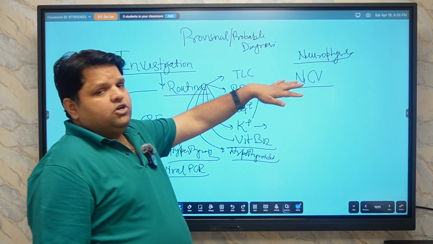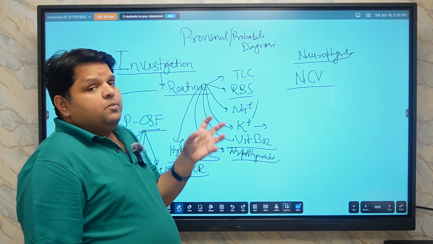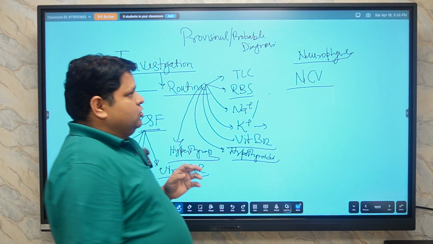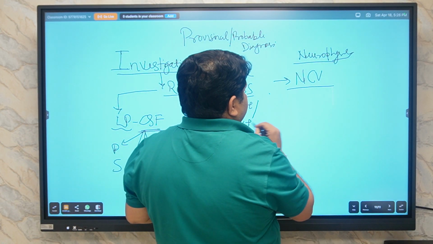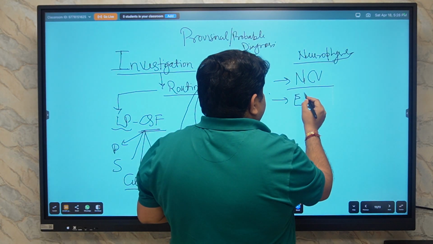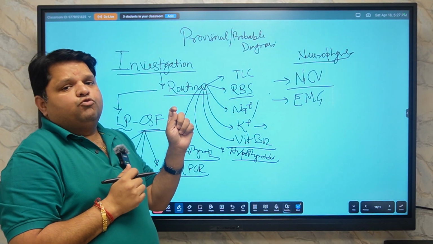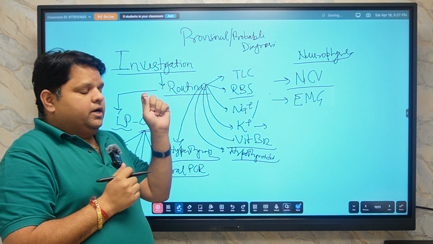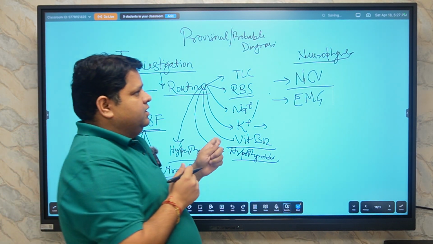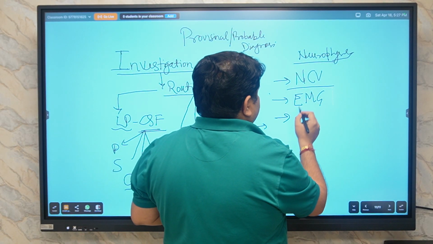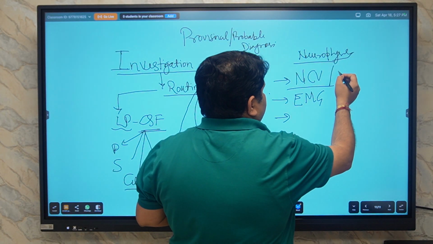So NCV plays an important role in making the diagnosis and finding the etiology of the case. EMG is for motor neuron disease, myopathy, and denervation after traumatic plexopathy; NCV is also for the plexus.